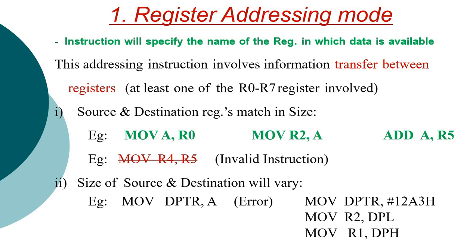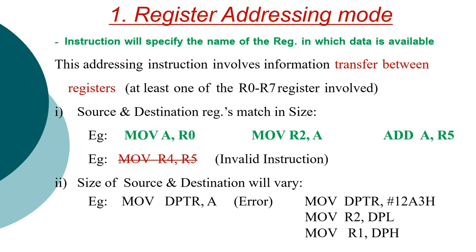Register addressing mode. When we say register addressing mode, the register will be specified in the instruction. This instruction is used to involve the transfer of information between the registers. One will be your accumulator, the other will be the default registers that are available in 8051.